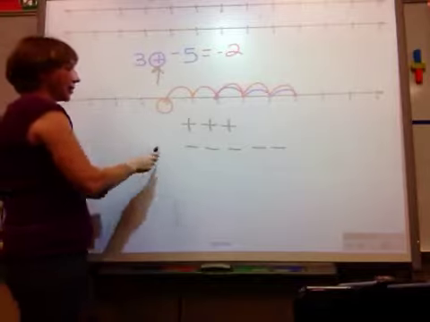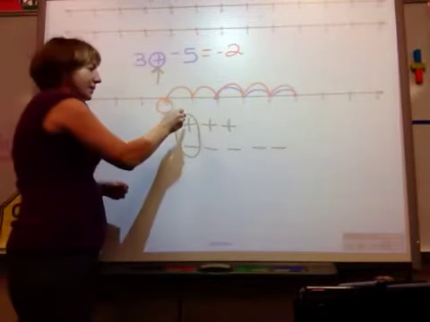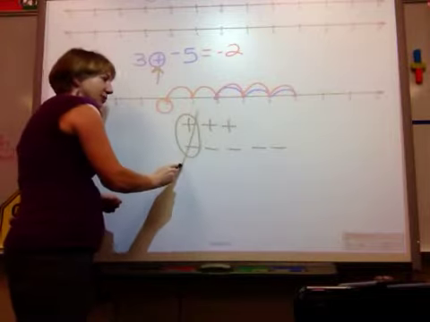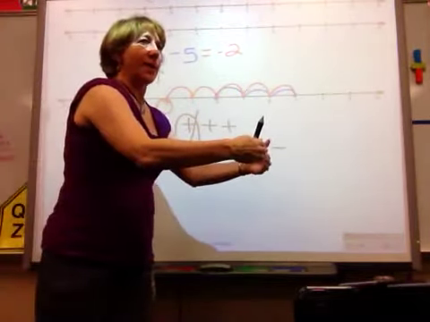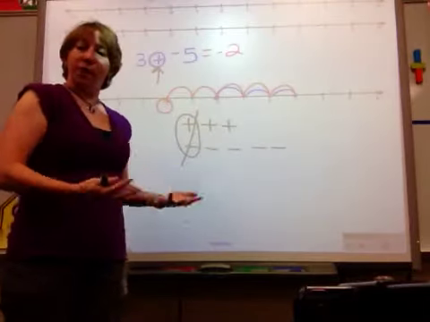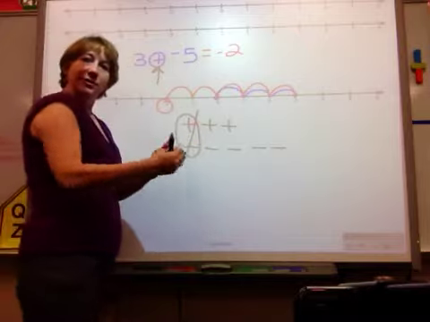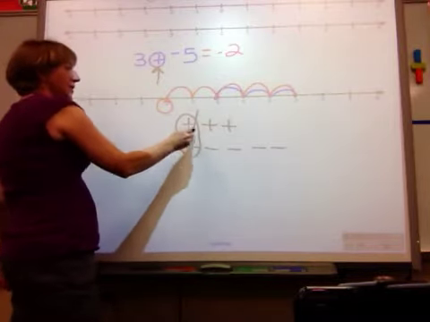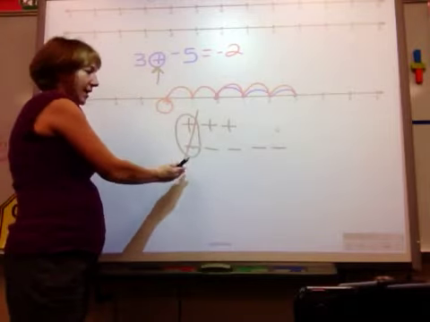But what happens here is we have positive negative pairs. Every positive negative pair cancels out. It's like if you went positive 1 and then you backed up negative 1, you're right back where you started. So they cancel each other out. Those movements would cancel each other out. So our positive and our negative pair makes a 0 pair. We call that a 0 pair, cancels out.